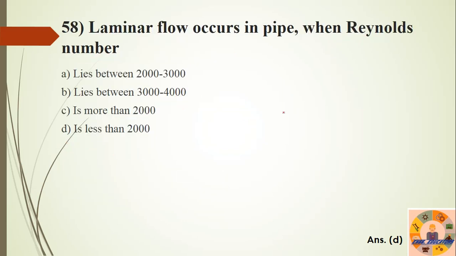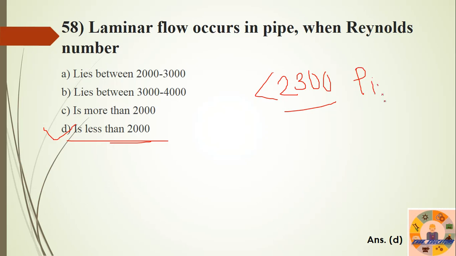The next question is laminar flow occurs in pipe when Reynolds number is less than 2000, because we know for laminar flow or viscous flow, the value is 2300 for pipe flow, and it is turbulent flow when it is greater than 2300 for pipe flow.